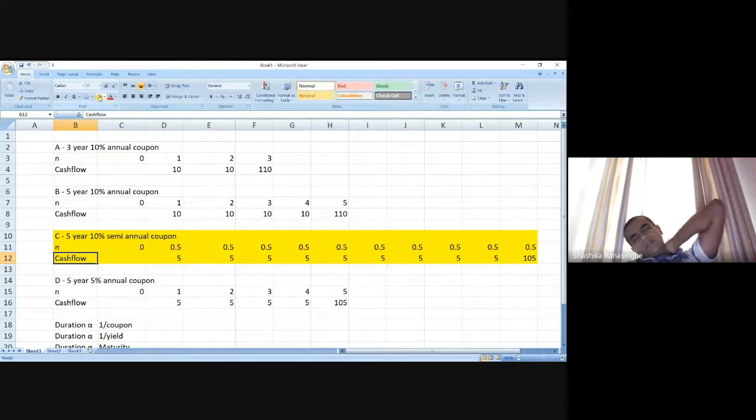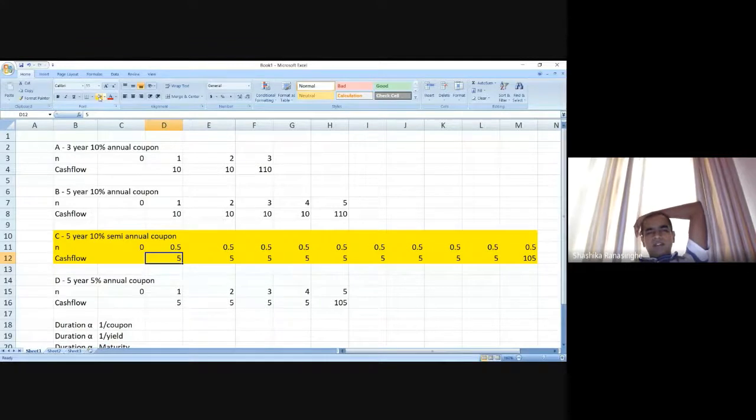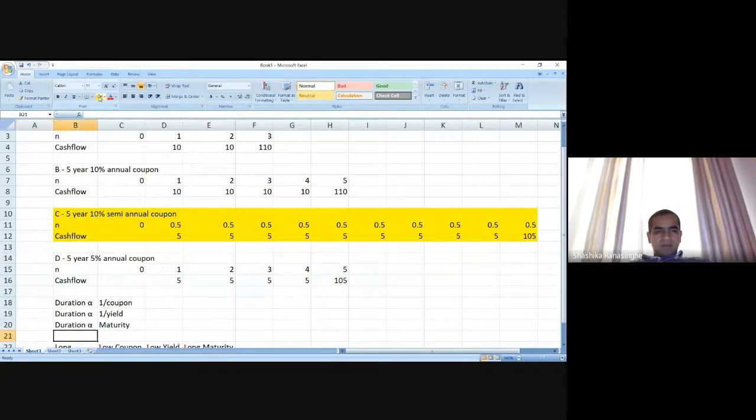Now the relationship with coupon is when you get coupons faster, right? You recover your investment faster because if you get it in 6 months, you can reinvest the coupon also. Then you get interest on interest also, right? For that effect, the higher the frequency, the lower the duration. So high frequency, low duration. You can put that also as a relationship.